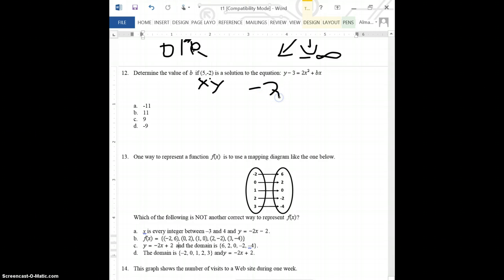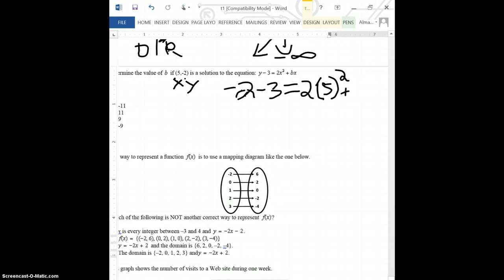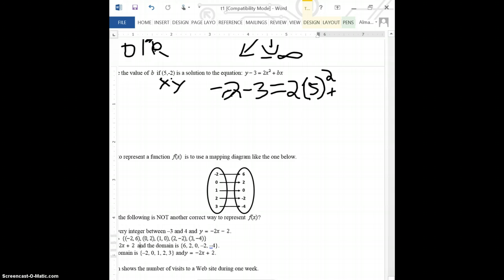I know y is negative 2, so I'm going to plug in a negative 2 for y. Minus 3 equals 2 parentheses. And my x is 5, so 5 squared plus b times 5.